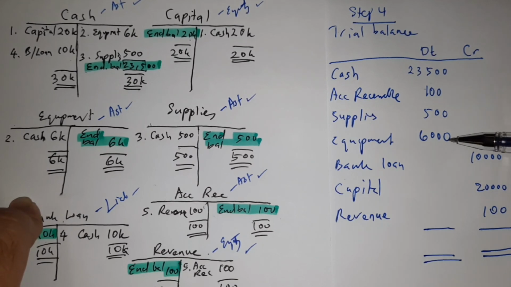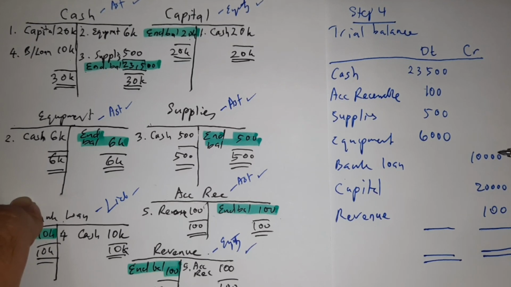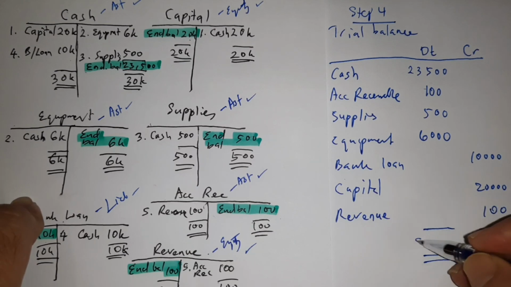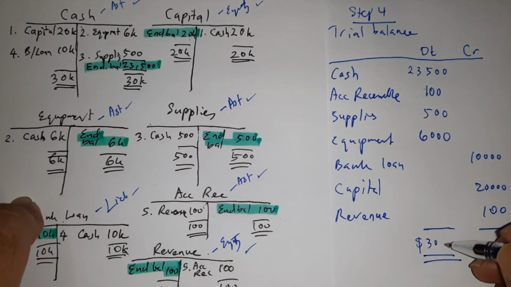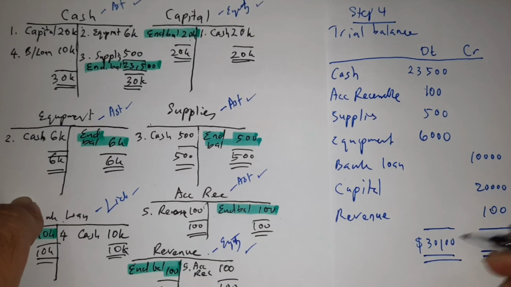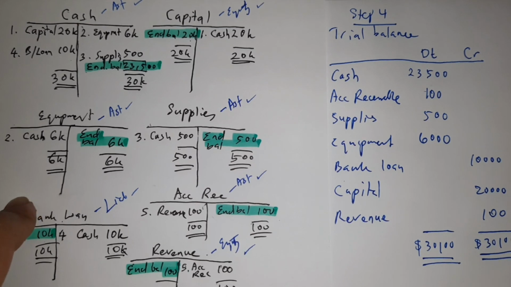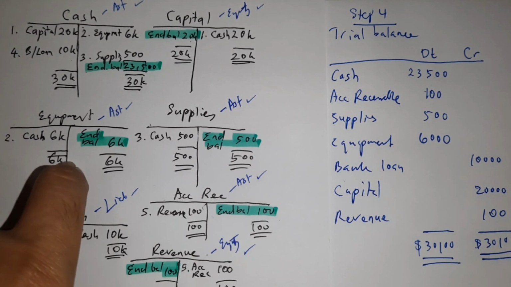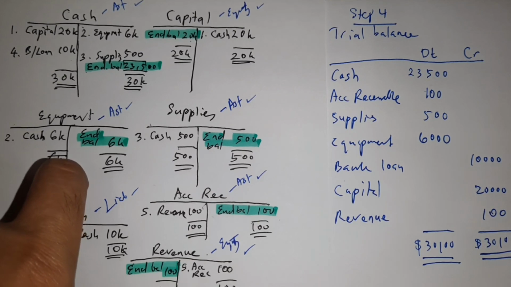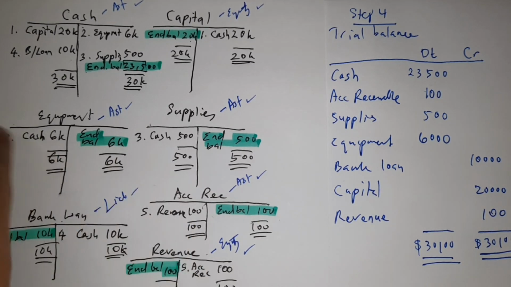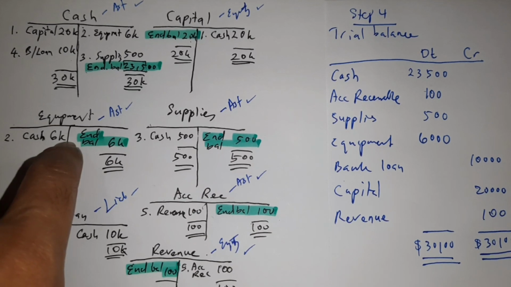Okay, after you have listed all the accounts with their balances, you can now calculate the total in the debit side and the credit side. So if you calculate the total, for this sample question, the total is 30,100 and 30,100. Like I said earlier, one of the purposes of preparing the trial balance is to check whether the recording process that you have done in steps 1, 2 and 3 are correct or not.